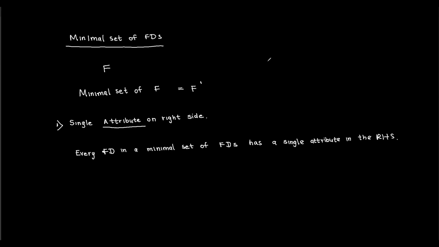For this, I'm going to show you an example. Let's use a table. We have a relation with student number, student name, and student age.